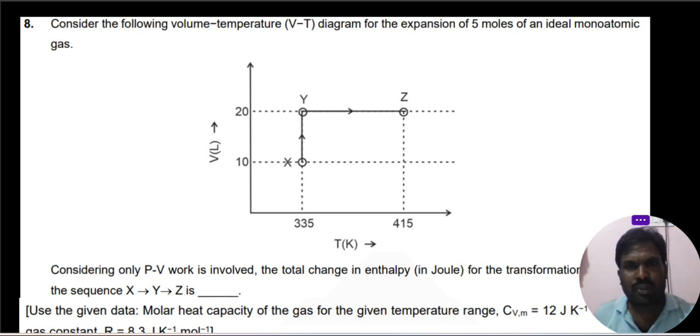Considering only PV work is involved, the total change in enthalpy for the transformation of state in the sequence X to Y, Y to Z is? Molar heat capacity and the molar gas constant are also given. This is the question.